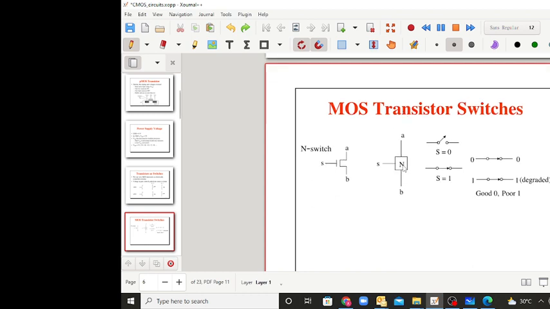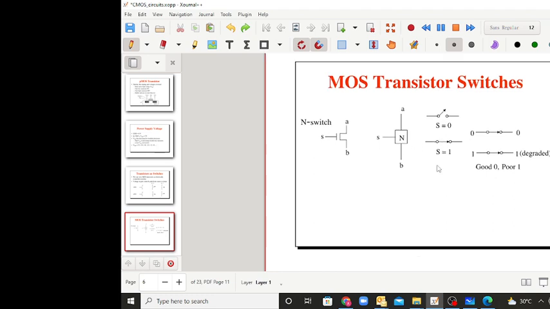Okay, so now same thing, MOS transistors as switches, same diagram. There is one advantage of combining these two, because an NMOS transistor gives a good 0 and a PMOS transistor gives a good 1. So you are combining both to get good logic voltage levels. You may not understand this, leave it.